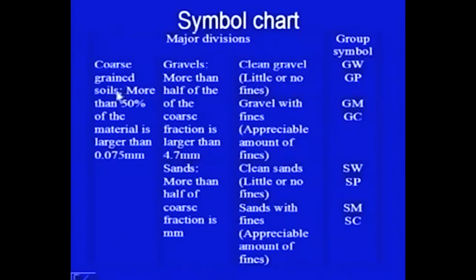For example, coarse grained soils. The coarse grained soils will be soils which have more than 50% of the material larger than 0.075 millimeter. So, this has to be decided based on the sieve analysis.